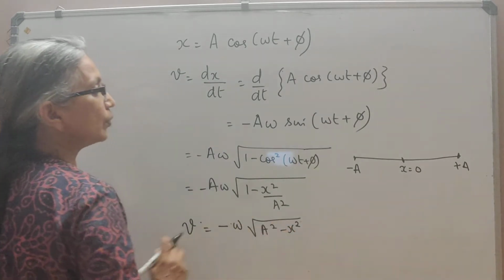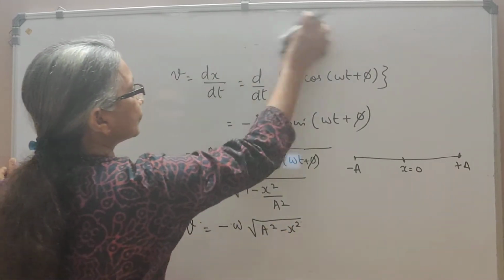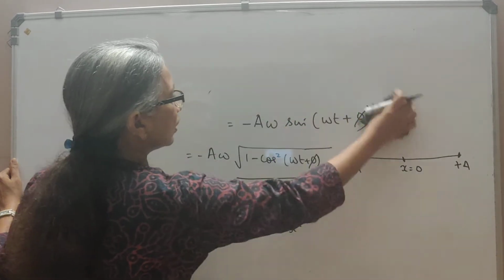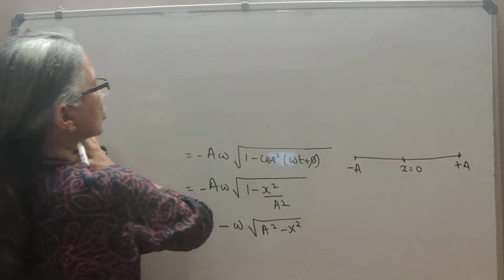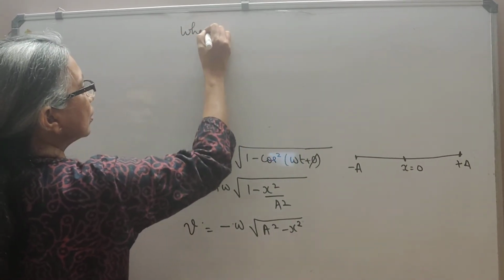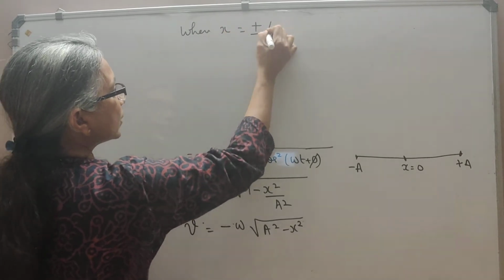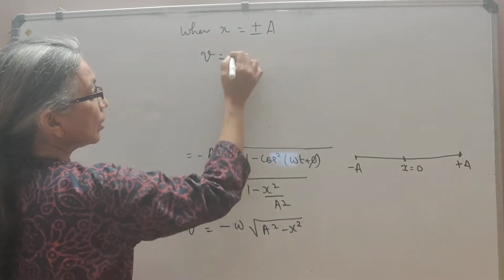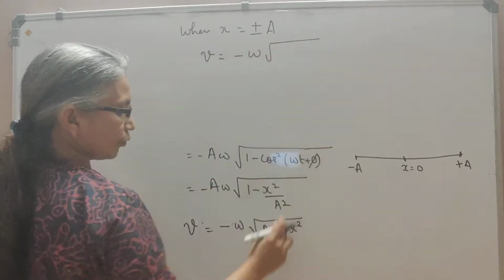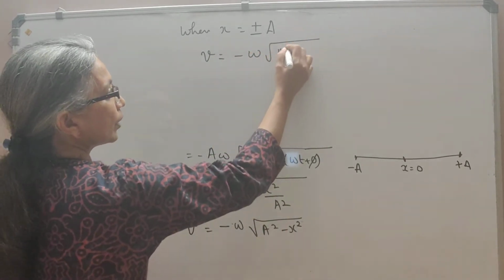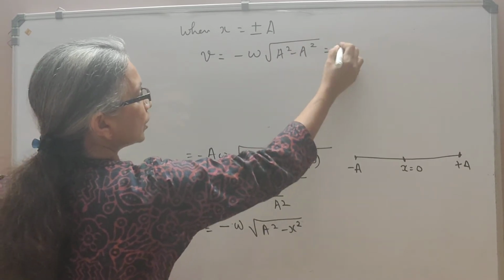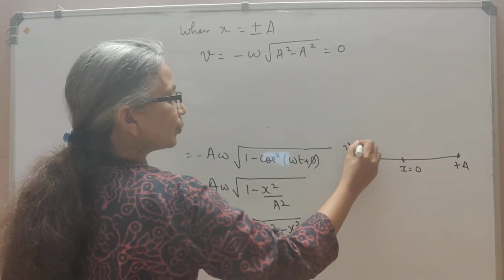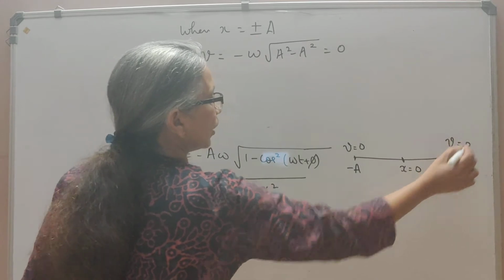So when at extreme position, that is when x equals plus or minus a at both extremes, the velocity of the particle will be minus omega root of a square minus a square, and you see the velocity at both these positions is 0.